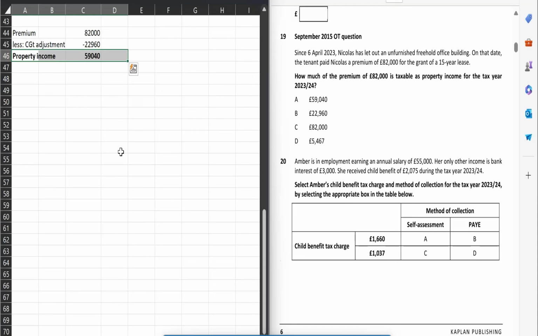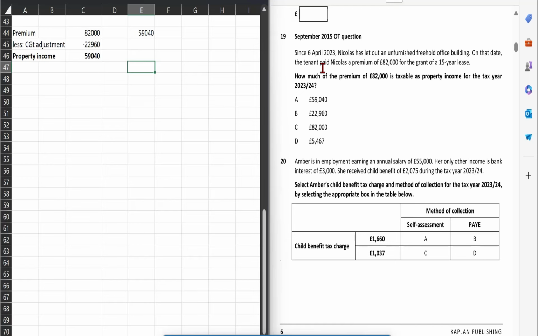There is an alternative method to calculate this as well: take the premium amount paid and multiply by 51 minus 15, and divide by 50. You will get the same answer, I guess. Yes.